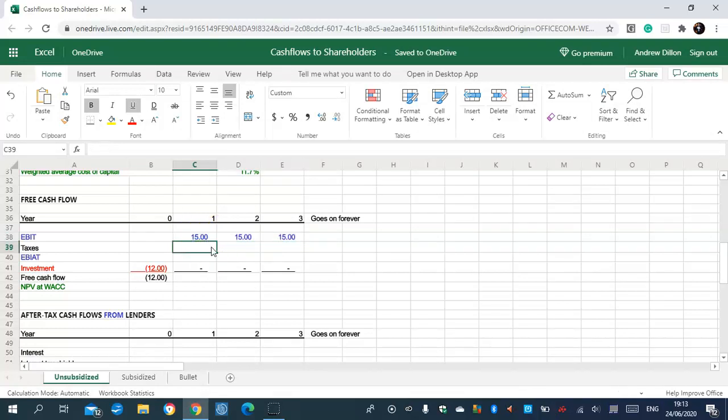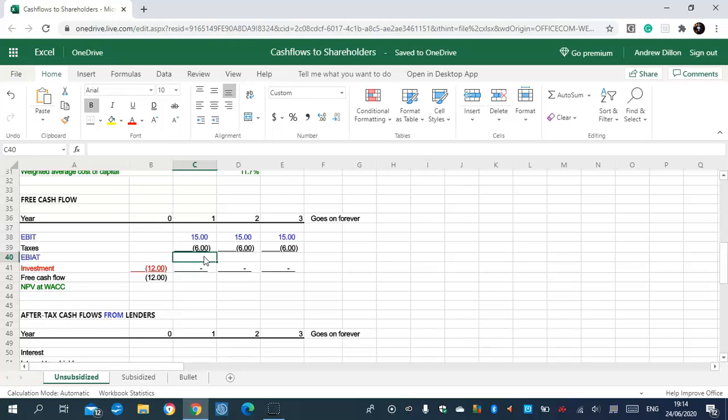Okay, now let's calculate the taxes. €6 and the executive professional answer.